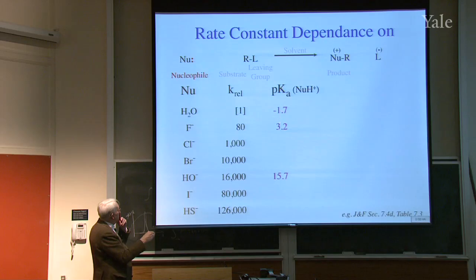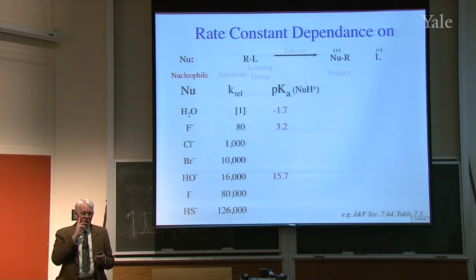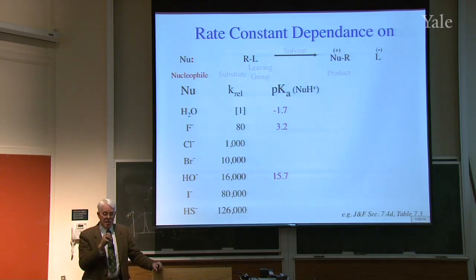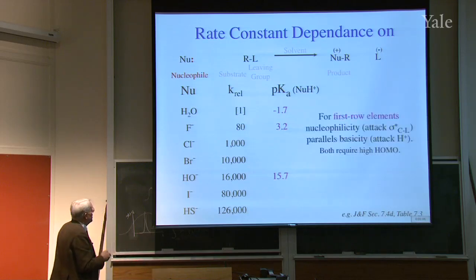Is that right? A weak acid is fast. Is that reasonable, or is that backwards? Seems like it would be backwards. A weak acid means it holds onto a proton tightly, right? But it also, we see, is holding onto attacking a carbon well. So that makes sense, right? That makes a lot of sense, okay?